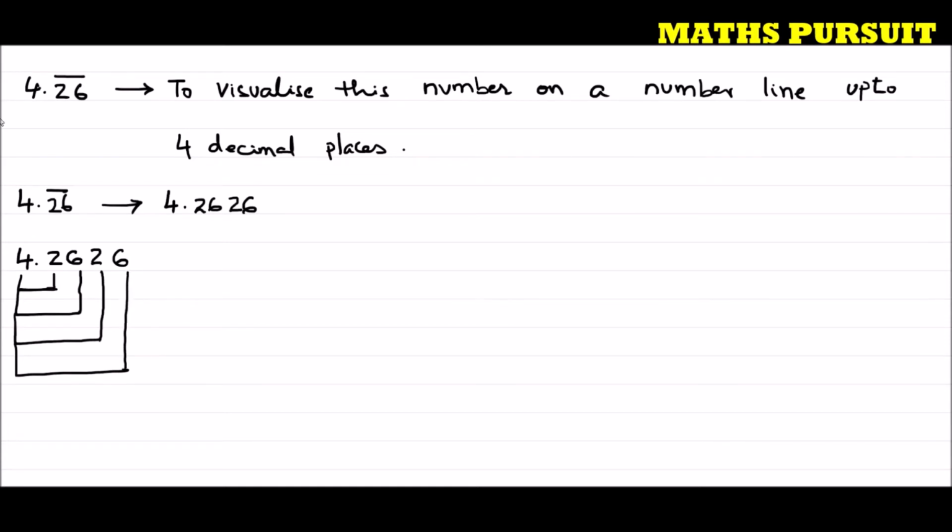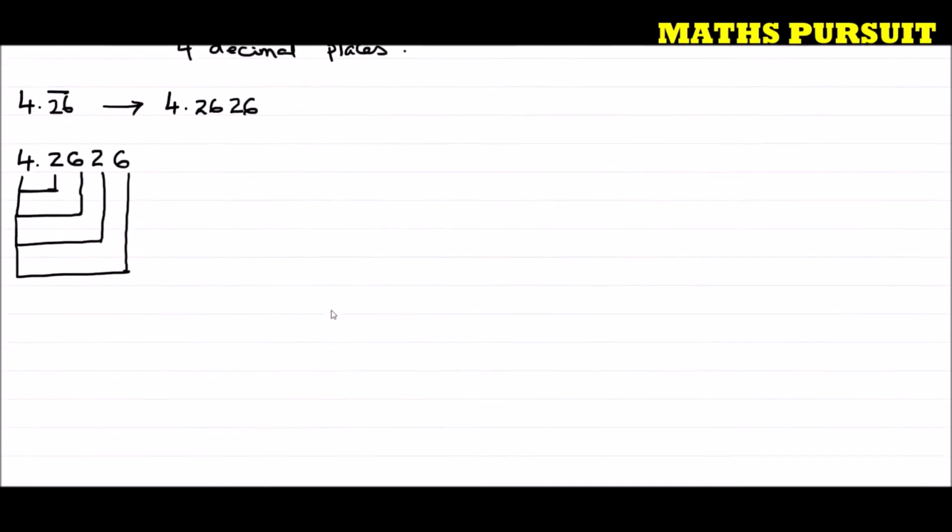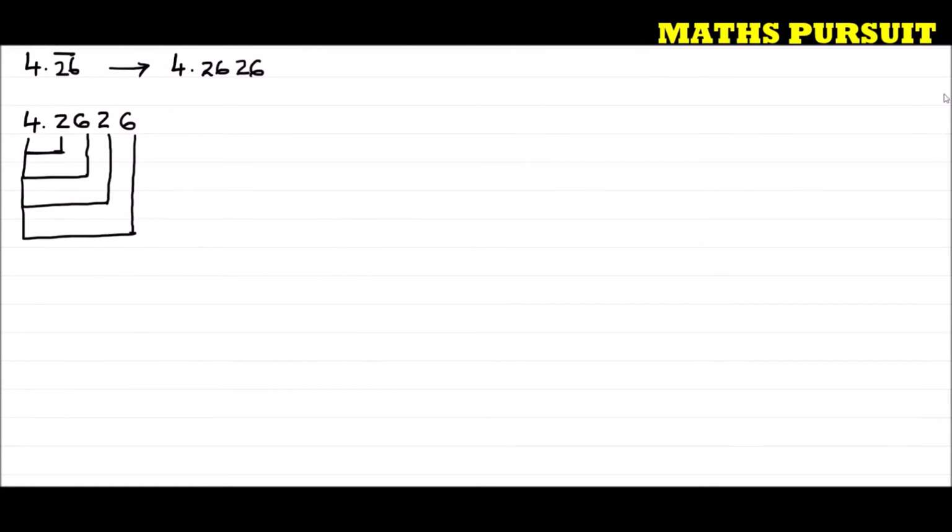As I told you earlier, if there are 4 numbers after the decimal, then we are going to draw 4 number lines. So let's see how we can work this out. We will first start with 4.2, then pick up 4.26, then 4.262, and then finally draw the number line for 4.2626.